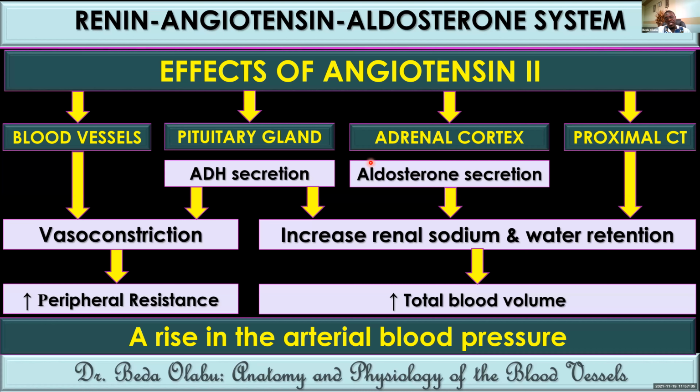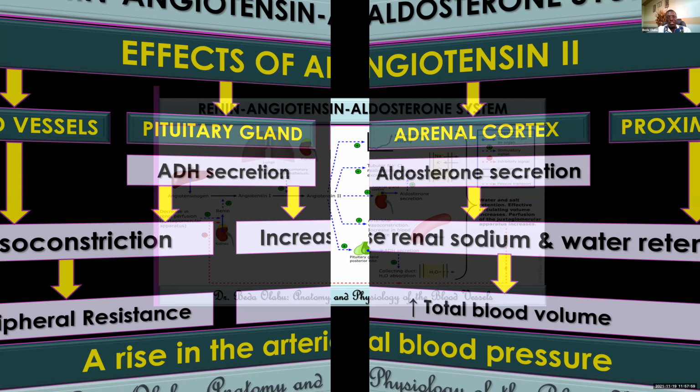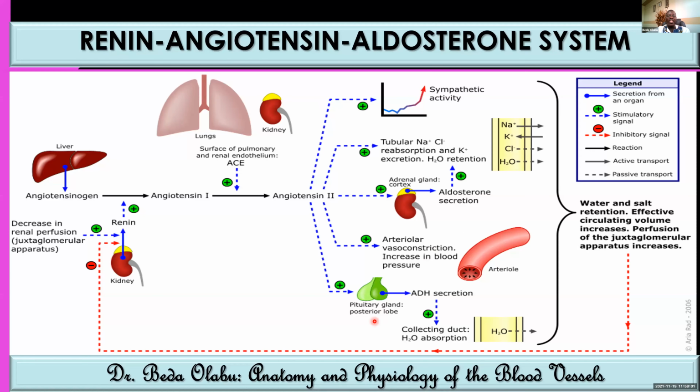Of course, I've told you that those drugs that inhibit aldosterone receptors are basically potassium-sparing diuretics. They're also used in the management of blood pressure. Right, so that's the long-term mechanism of regulation of blood pressure using the renin angiotensin aldosterone system.